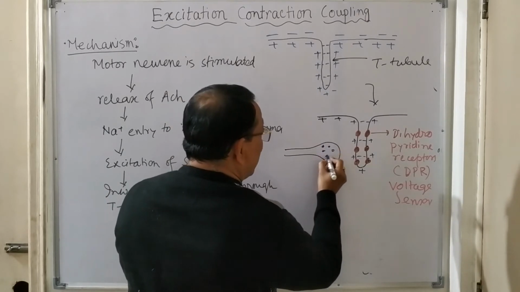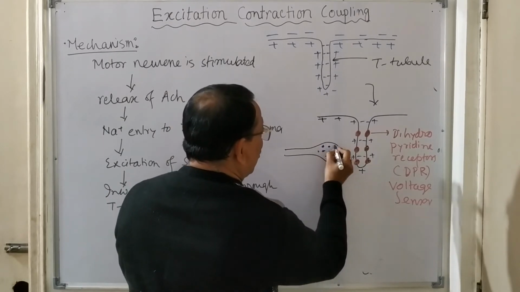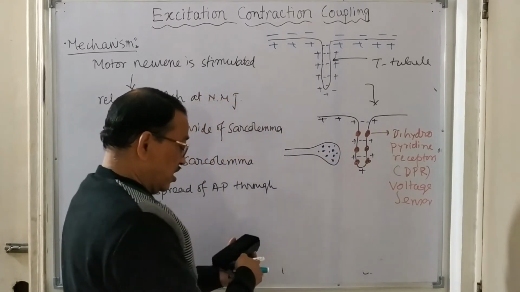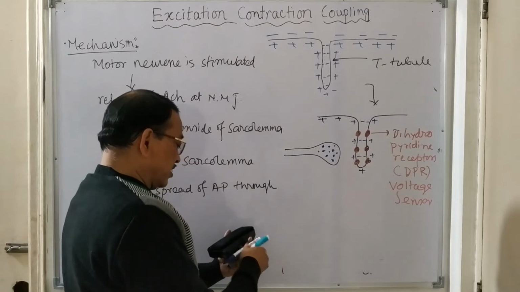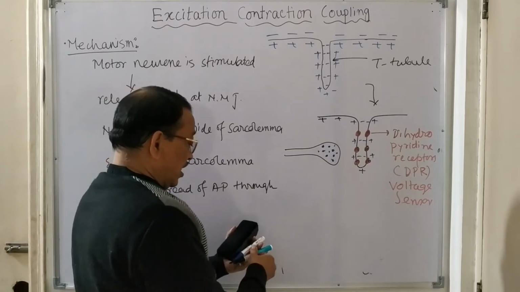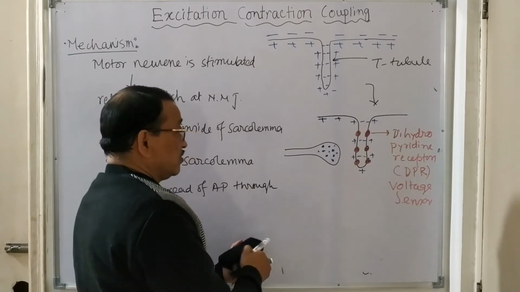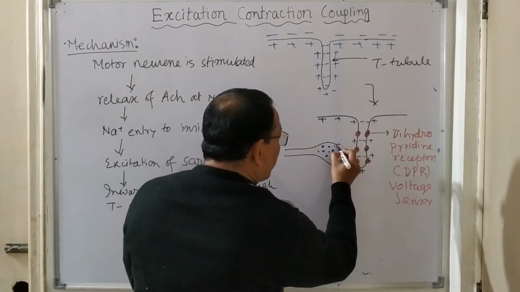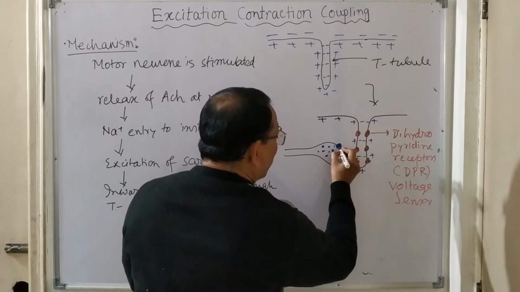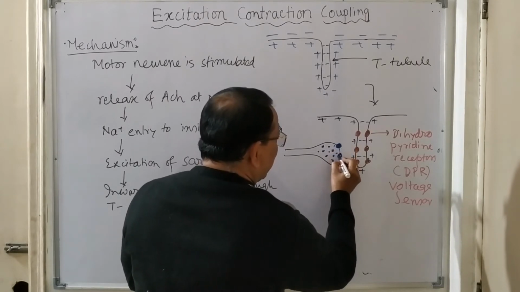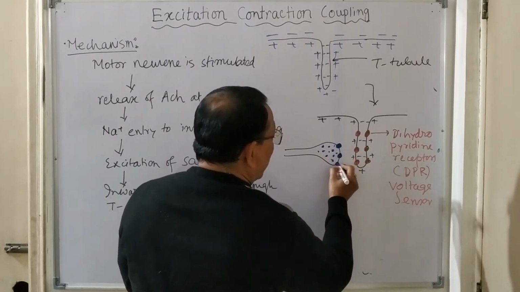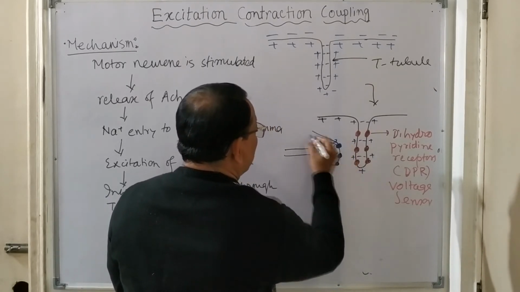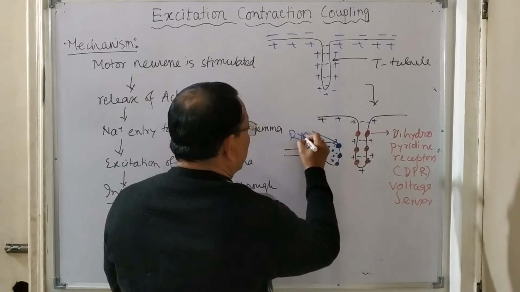So this is the terminal cisternae. On the membrane of the terminal cisternae there are some proteins which are known as ryanodine receptors.